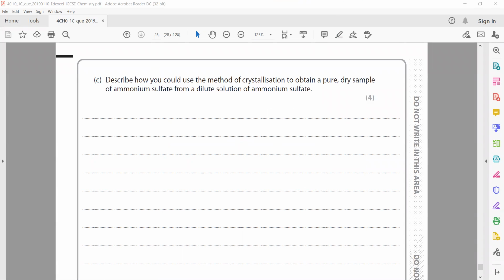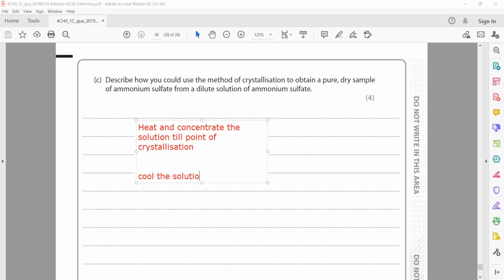So what we will do, we will heat and concentrate the solution till the point of crystallization, then we will cool down the solution, then we will filter and dry the crystals with tissue paper, or you can use filter paper.